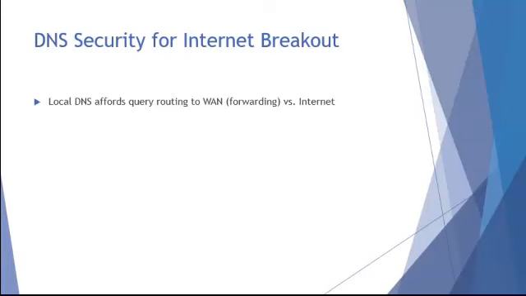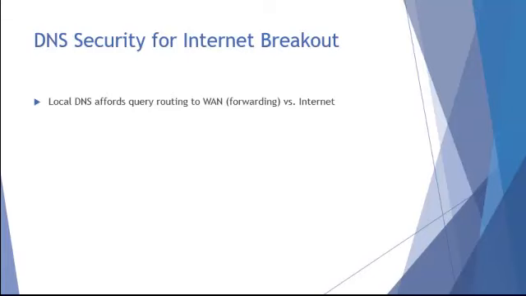So this local DNS concept residing at each Internet Breakout site actually provides that ideal query routing to the WAN. DNS can also forward internal queries to the WAN, so for your internal intranet, for example, you don't want those going out to the Internet.